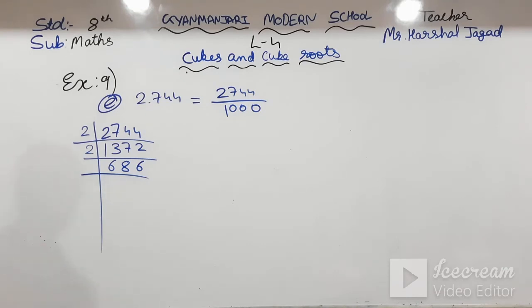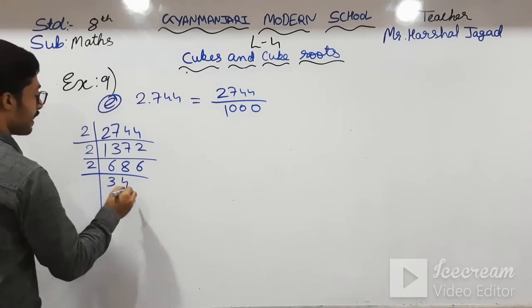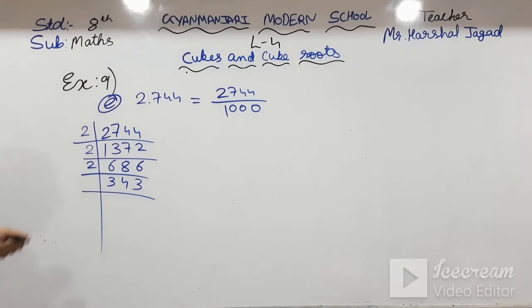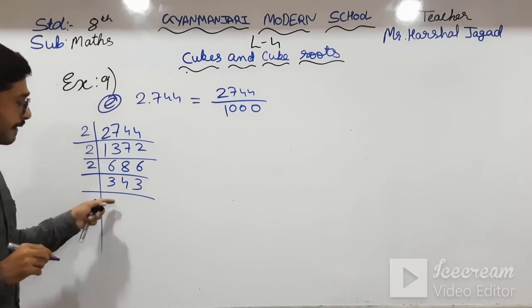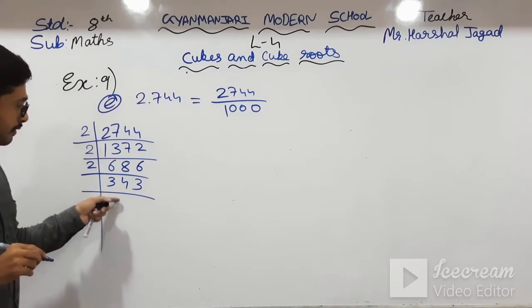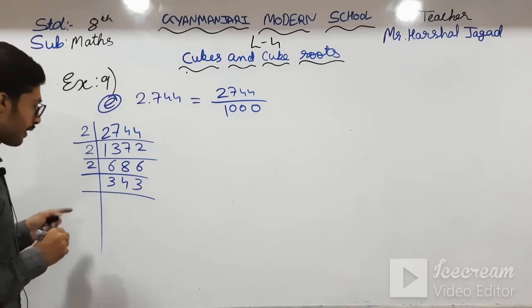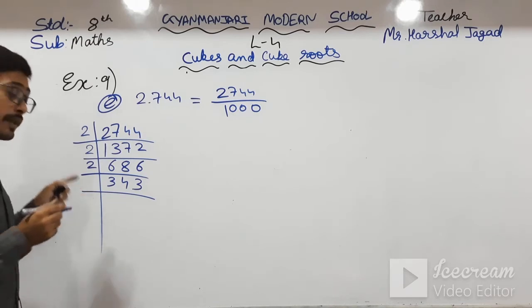Again with 2. 2 3s are 6, 2 4s are 8, 2 3s are 6. Now it will not happen with 2. Now 3, 3 1s are 3. It will not happen. 4 no, 5 no, 6 no, 7.